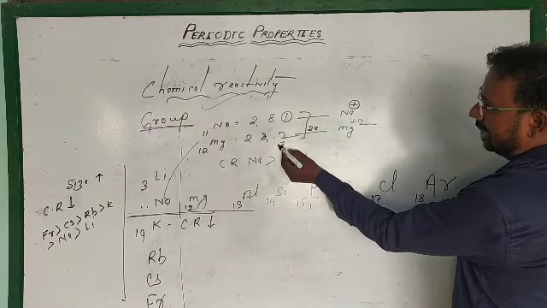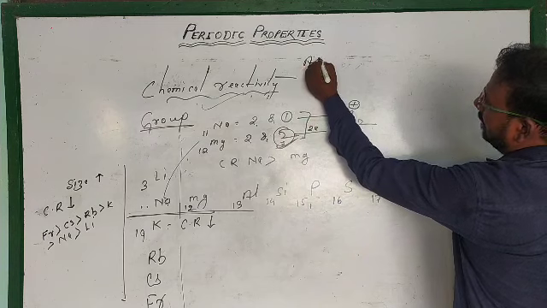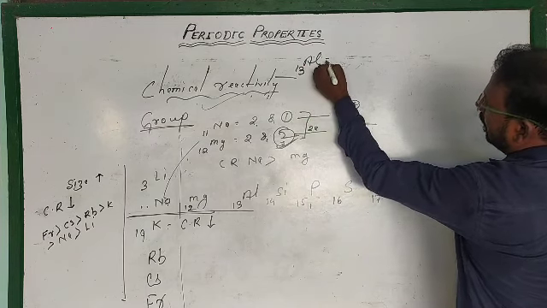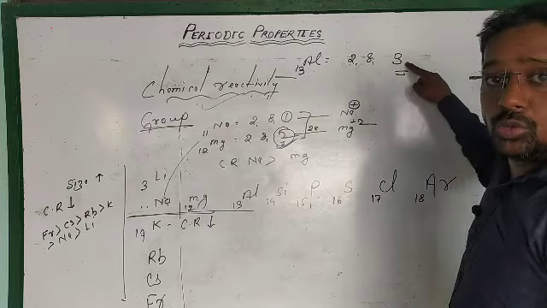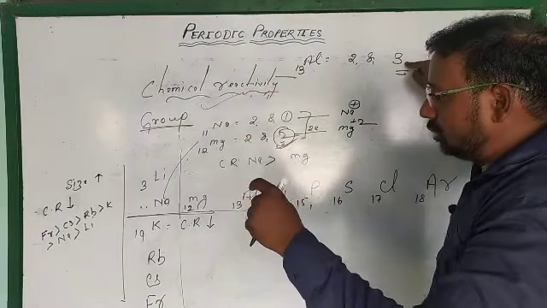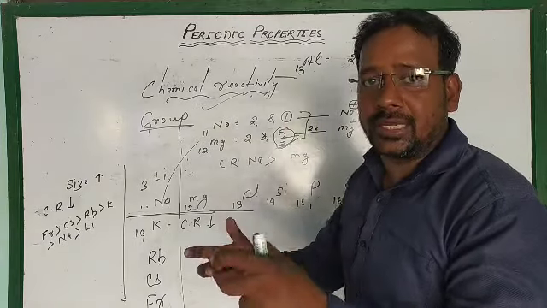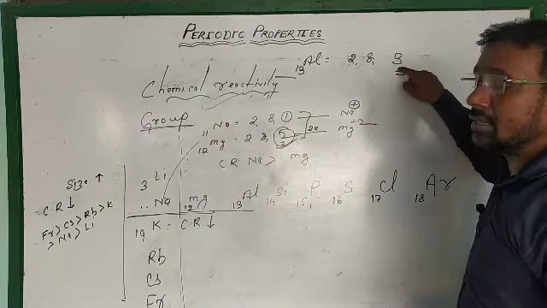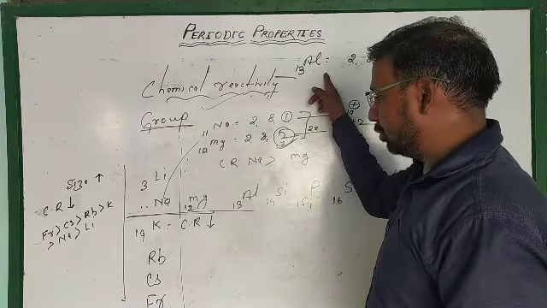Magnesium has to lose only 2 electrons, and aluminum is 13, configuration 2, 8, 3, and it has to lose 3 electrons. Losing 2 electrons is easier than losing 3 electrons. Therefore, the chemical reactivity of magnesium is greater than aluminum.